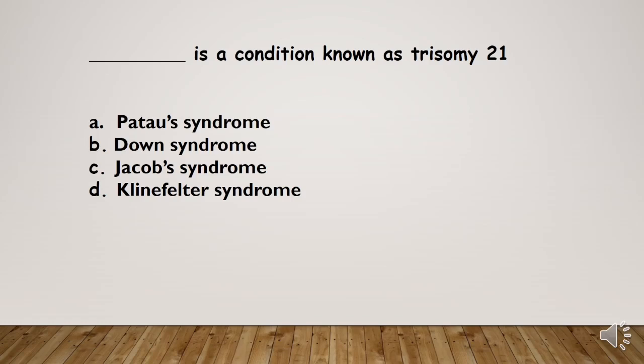Letter C, Jacob syndrome. And letter D, Klinefelter syndrome. Go. Okay, the correct answer is letter B, Down syndrome. That is trisomy 21.